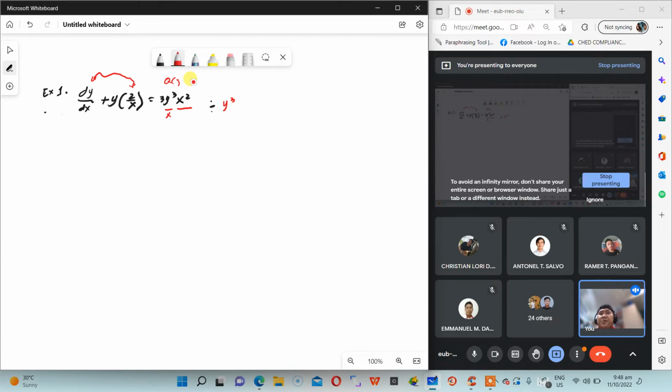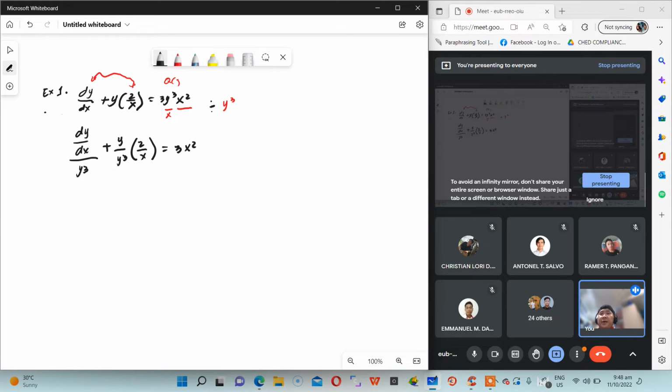Okay. So, from there, what we have here, divide. So, therefore, you have dy over dx over y cube. Di ba? Plus y divided by y cube. Then, copy this one. Equals. So, y cube over y cube just be 1. So, x squared.